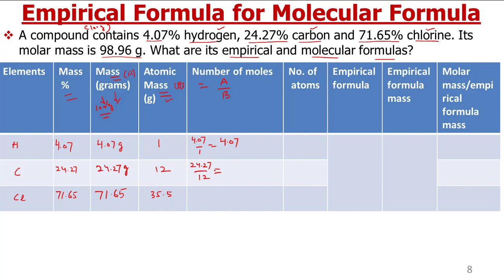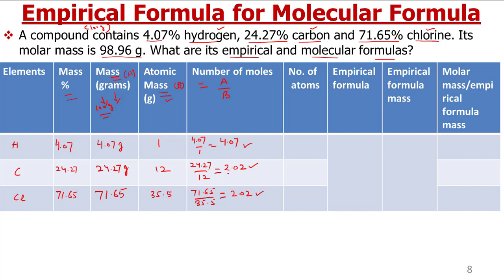So this value will be 2.02, and 71.65 divided by 35.5 will also be something like 2.02. So these are the number of moles of these three elements present in this compound. Now these are not whole numbers, so in order to convert these to whole numbers, out of these three we will choose the smallest number.